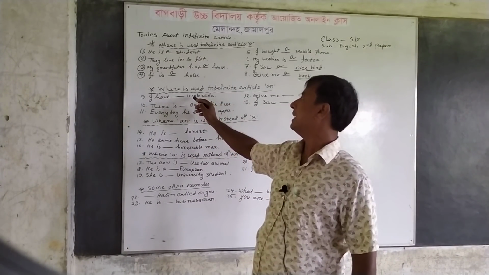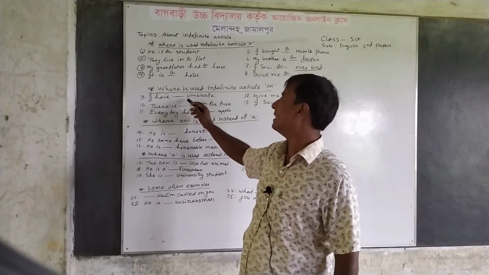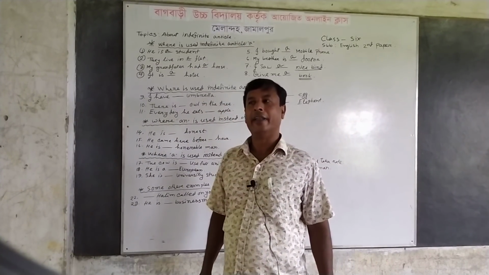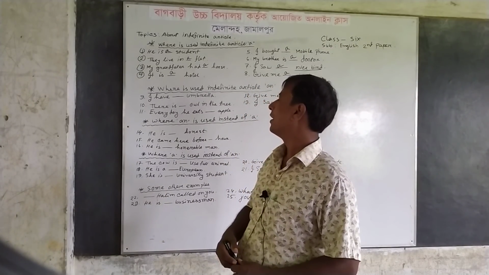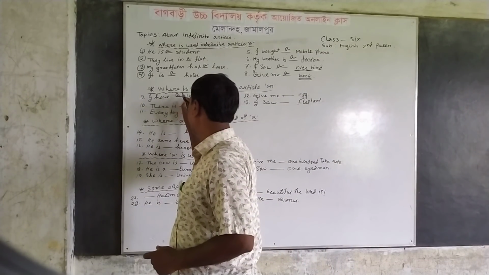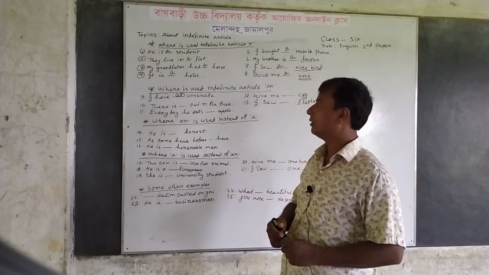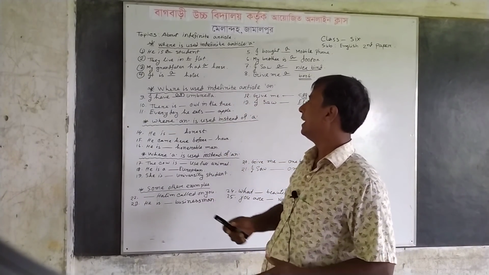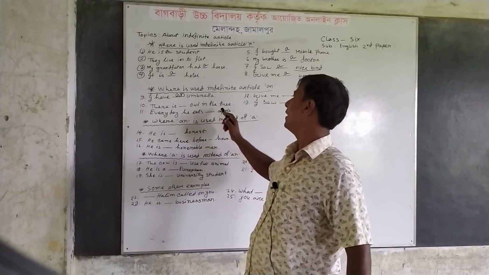Umbrella is a singular countable noun and its first letter is U, which is vowel. So we shall use AN before umbrella. The next example, example number 10, there is an owl in the tree.